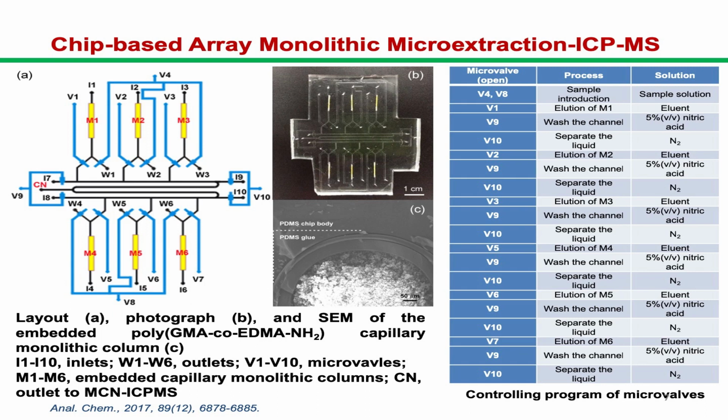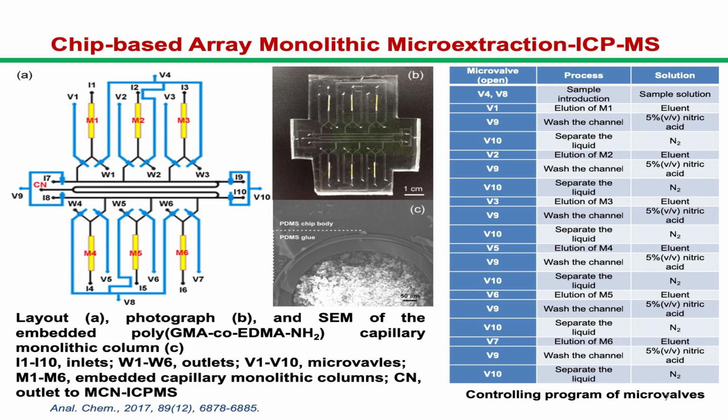And the rest of the 5 are kept off. After that, we switch on the second column and switch off the first column to perform the similar elution, also for the subsequent determination.